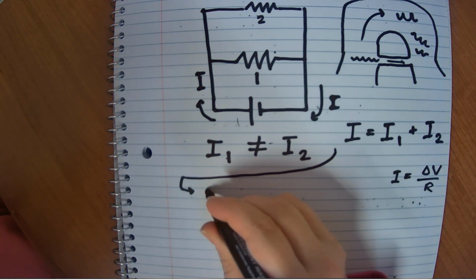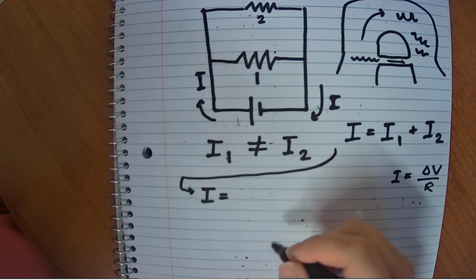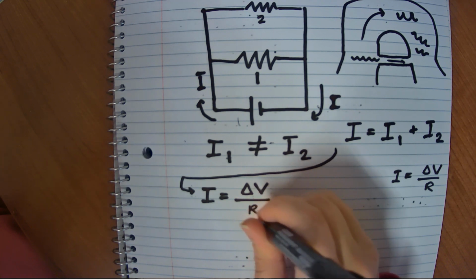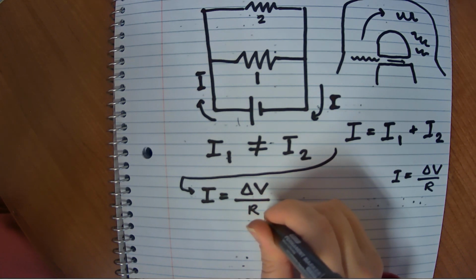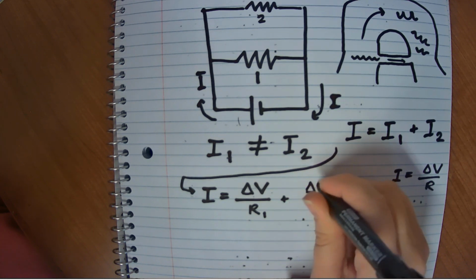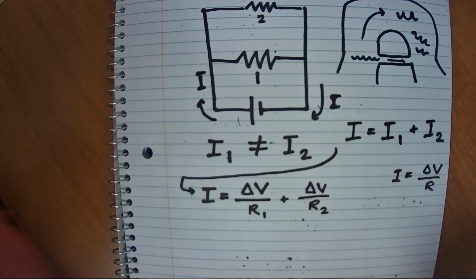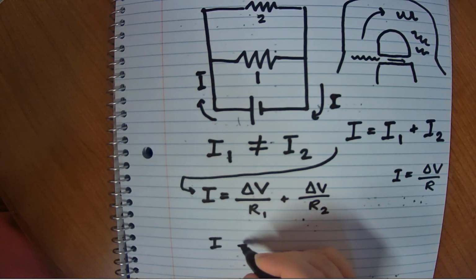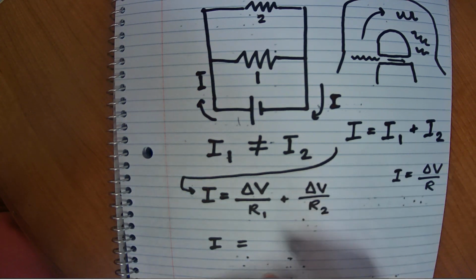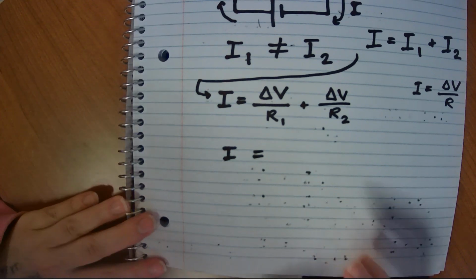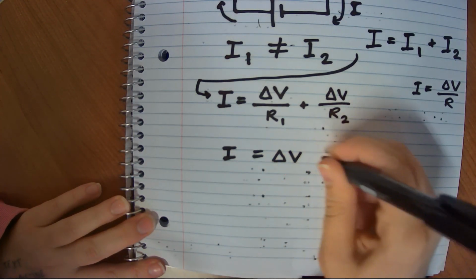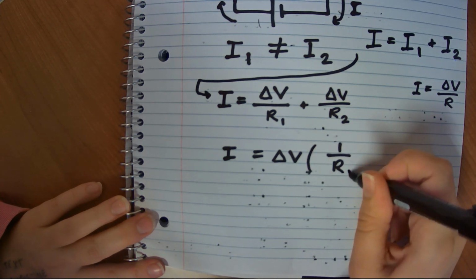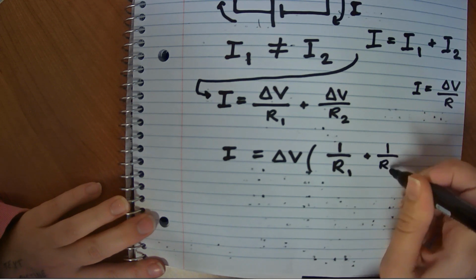So we can write out that the total current is equal to the potential difference over resistance 1 plus the potential difference over resistor 2. And then, because we know the potential difference is the same, we can take out the potential difference. So 1 over R1 plus 1 over R2.